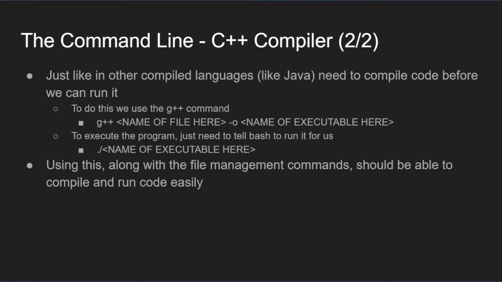And then just to execute that program, all you have to do is dot slash and then the name of the executable, and that will execute that. Using the file management commands with this, we can do a lot.